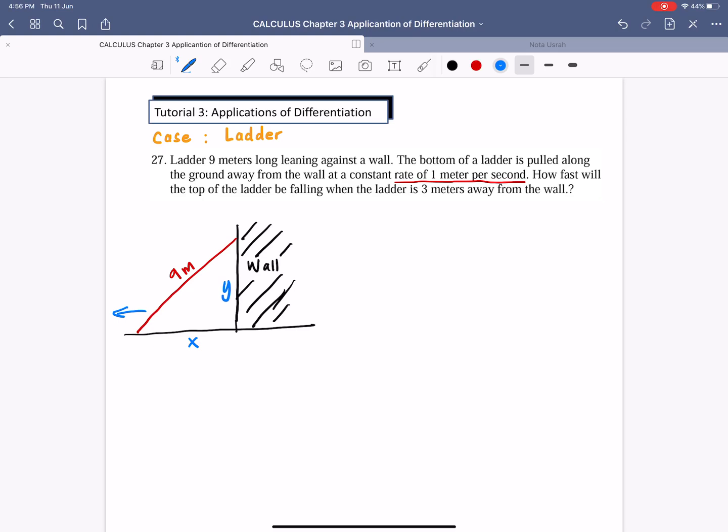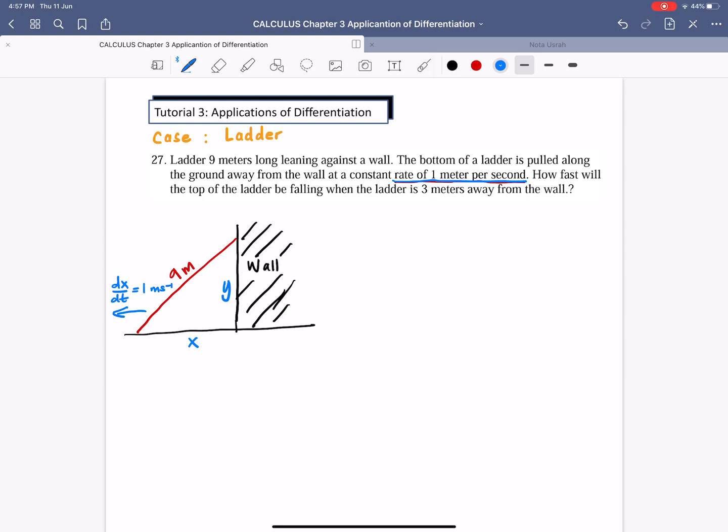So the value that you have here, 1 meter per second, is dx/dt. It is a positive value, because when you pull, then x increases.